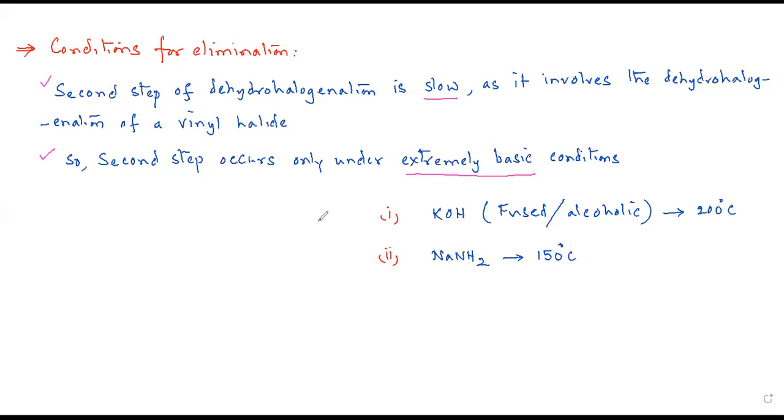So a temperature of 150 degrees centigrade is enough to carry out dehydrohalogenation. We know that NH2 minus is a stronger base compared to OH minus. That is the reason why a temperature of 150 degrees centigrade is enough. Okay.